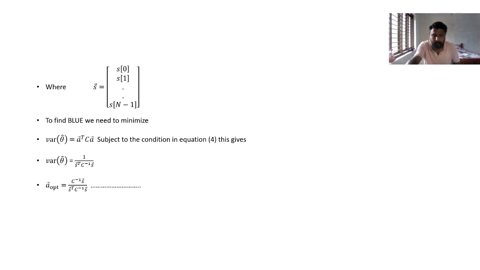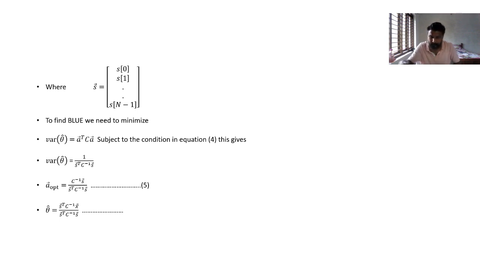So in general you can calculate that. I call it equation 5. In general you get theta cap is nothing but S transpose C inverse into X divided by S transpose C inverse into S. That is equation 6, and that is nothing but our BLUE.